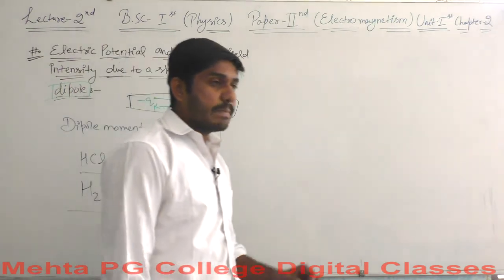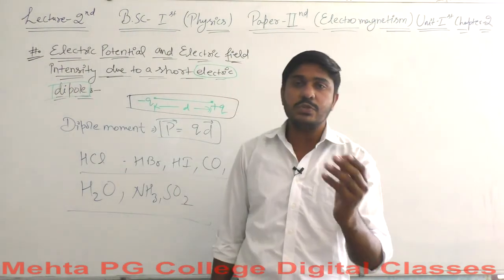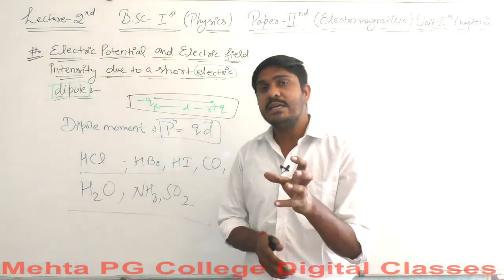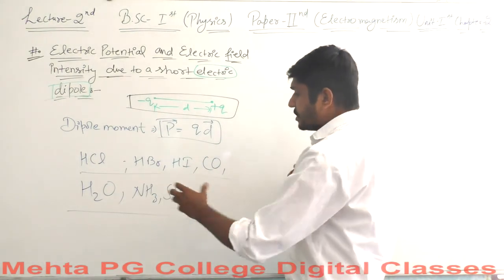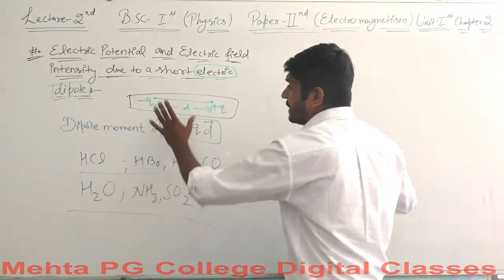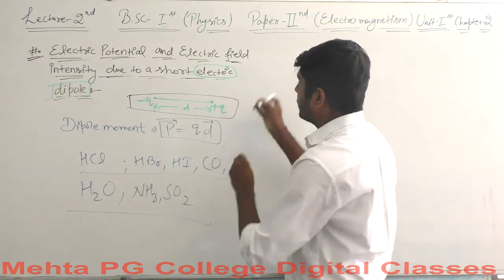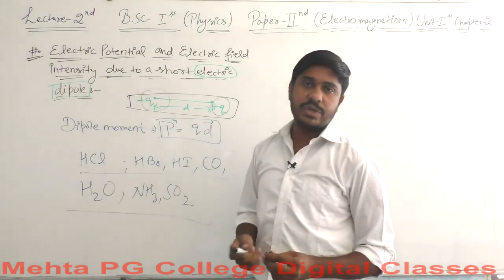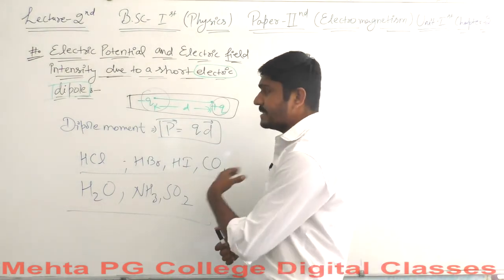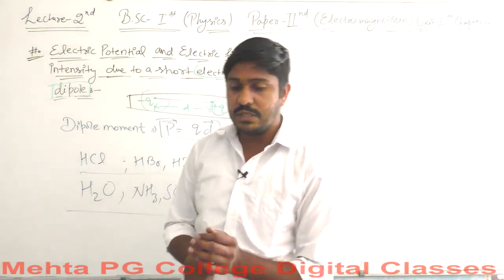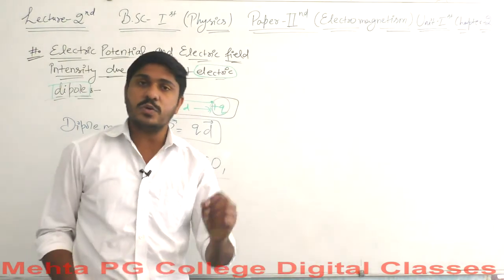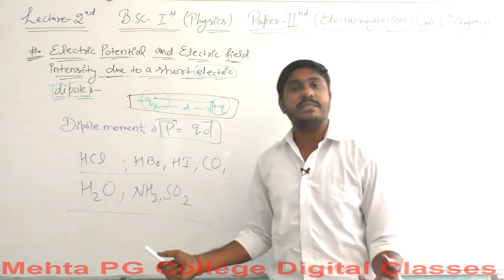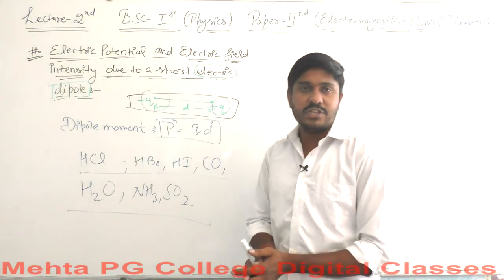All of these compounds don't have any net positive or negative charge upon them, so they can be considered as equal and opposite charge separation, plus q against minus q. They have a proper charge separation with no net positive or negative valency. That's why all of these are considered electric dipoles. So this is the definition of a dipole.